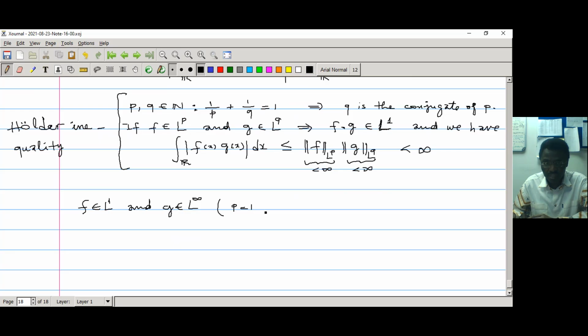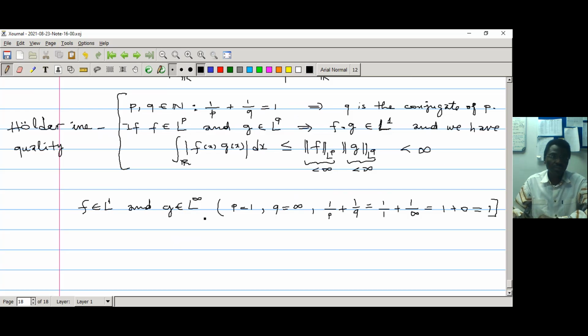If P is equal to 1 and Q is equal to infinity, now let us see if this condition is satisfied. 1 by P plus 1 by Q is equal to 1 by 1 plus 1 by infinity. So this is 1 plus 0, which is 1.